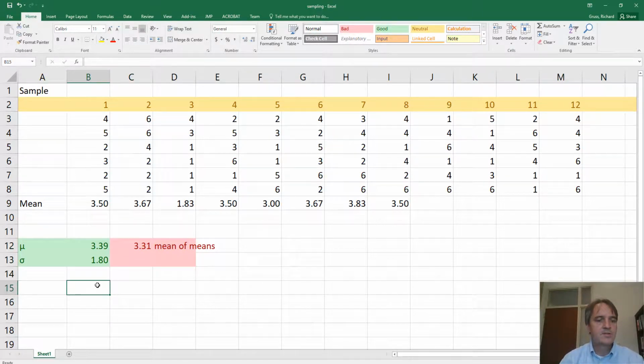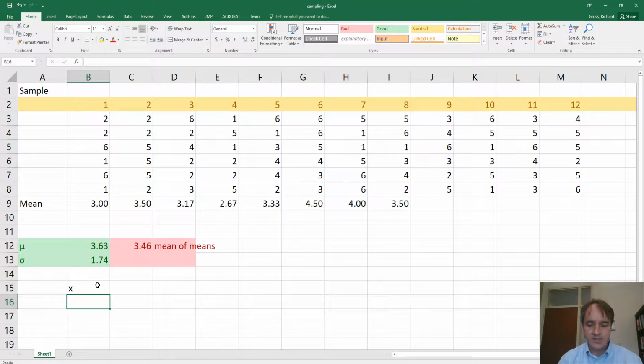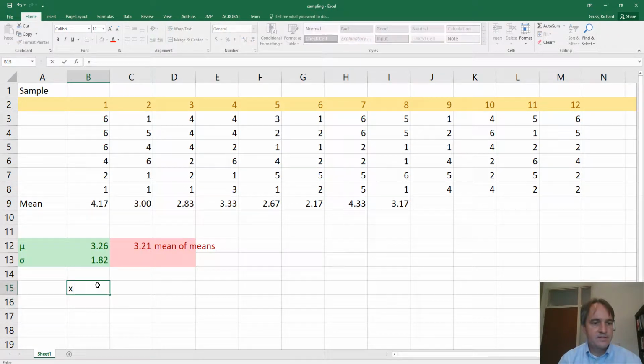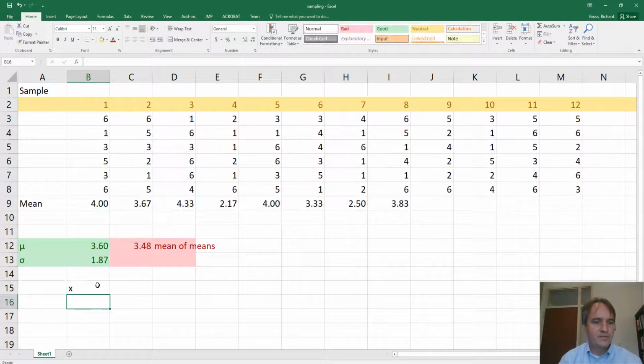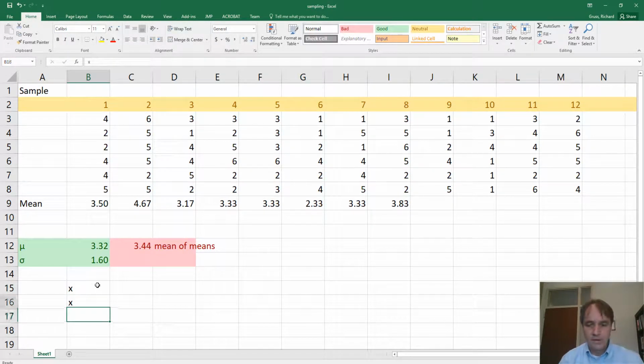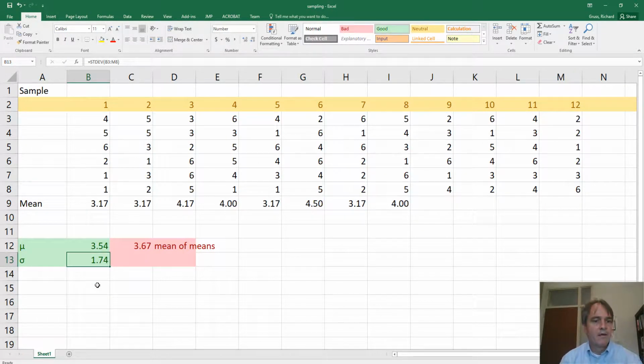And let's just watch the behavior of these as we fiddle with it. They're never precisely the same. They're always just a little bit off. Well, so we've taken the mean of the means.